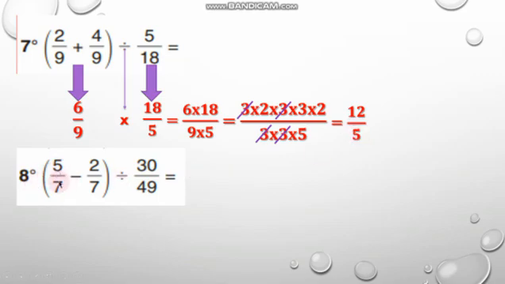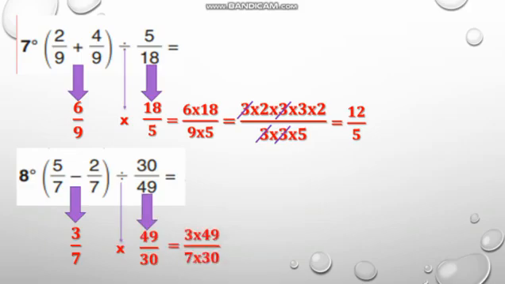Now I have 5 over 7 minus 2 over 7 divided by 30 over 49. Let's see. I'm going to start with the parentheses. So 5 minus 2 is 3. So the answer is 3 over 7. Instead of divide, I'm going to write times 49 over 30.